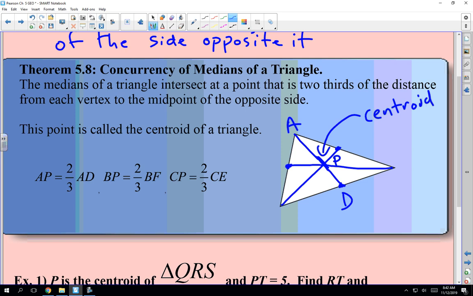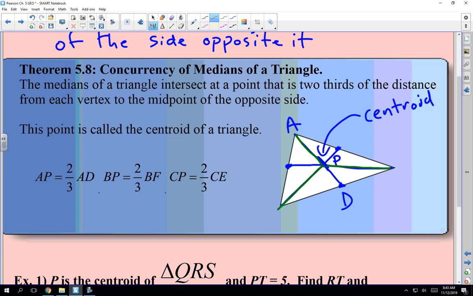Another way to say this is that the longer piece from one vertex to the centroid, whichever is the longer piece, could be this one, this one, or this one, it's always twice the length of the shorter piece.